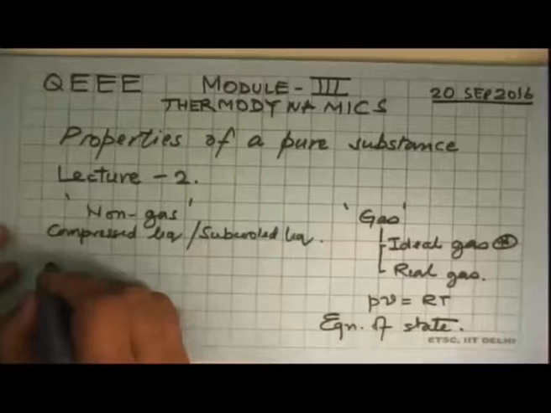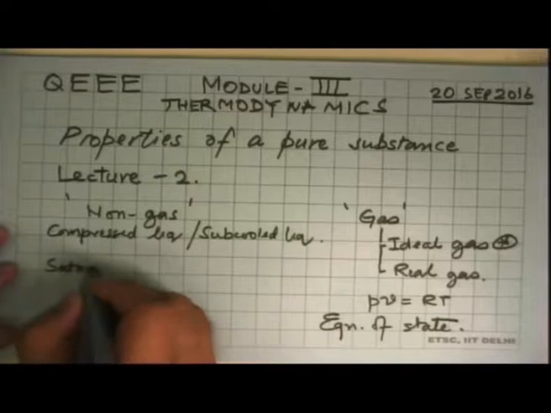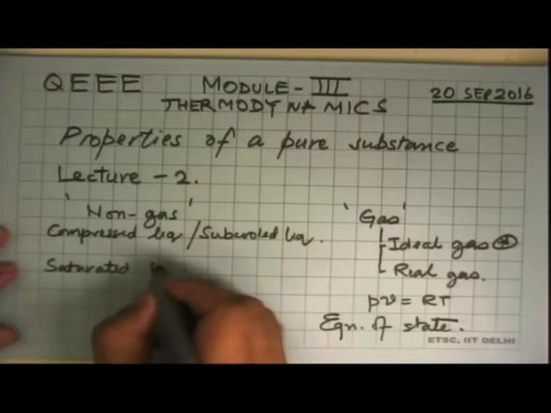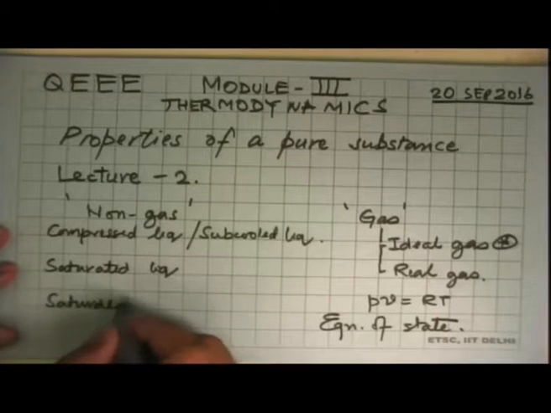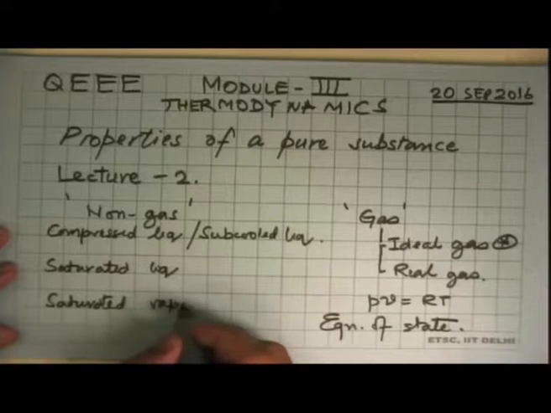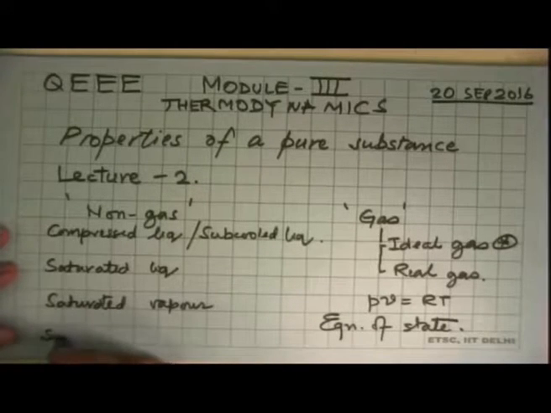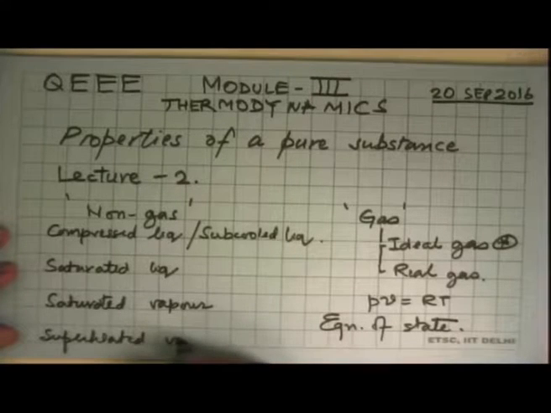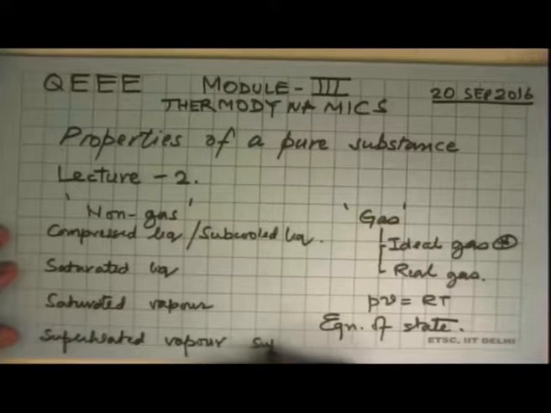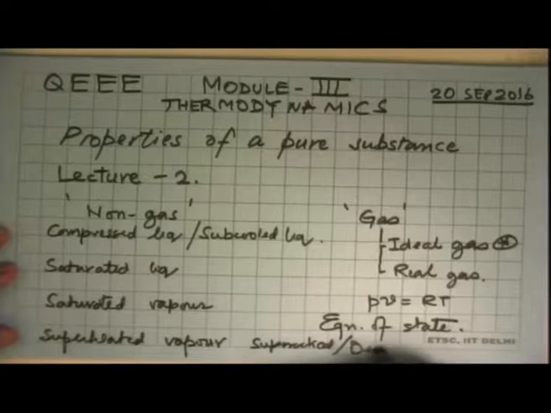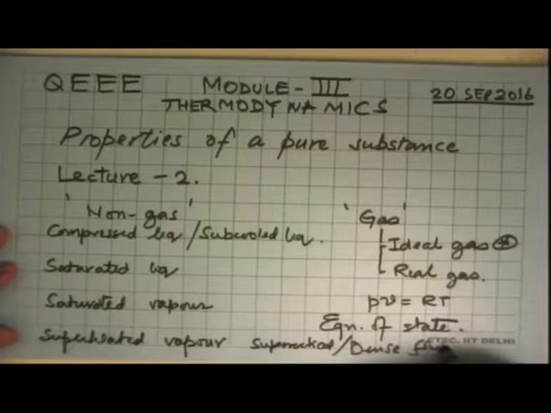Then we came across a saturated liquid, saturated vapor, and superheated vapor. And then something beyond this, we call the supercritical fluid or the dense fluid.